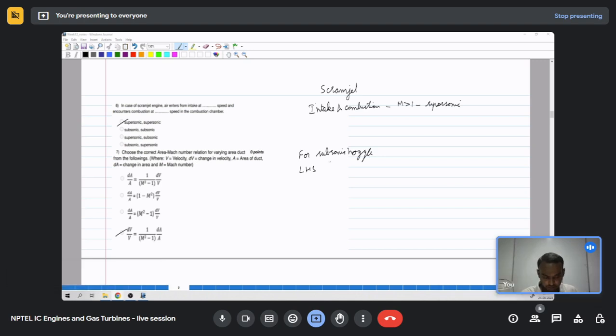For subsonic nozzle, LHS will be greater than 1 and RHS is for option 4.